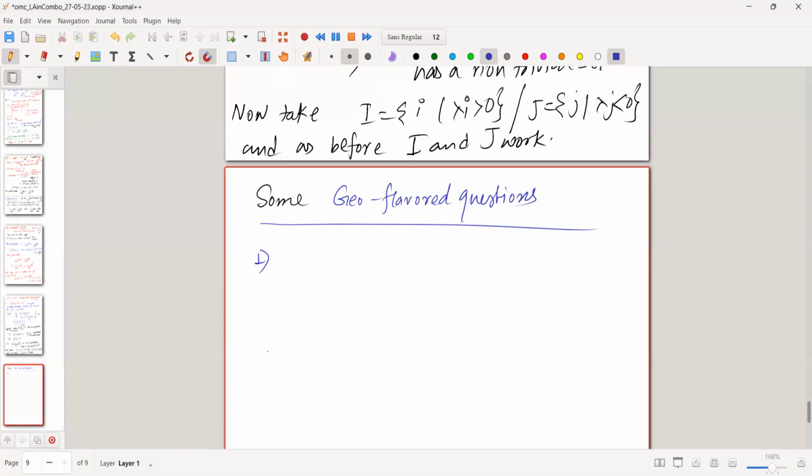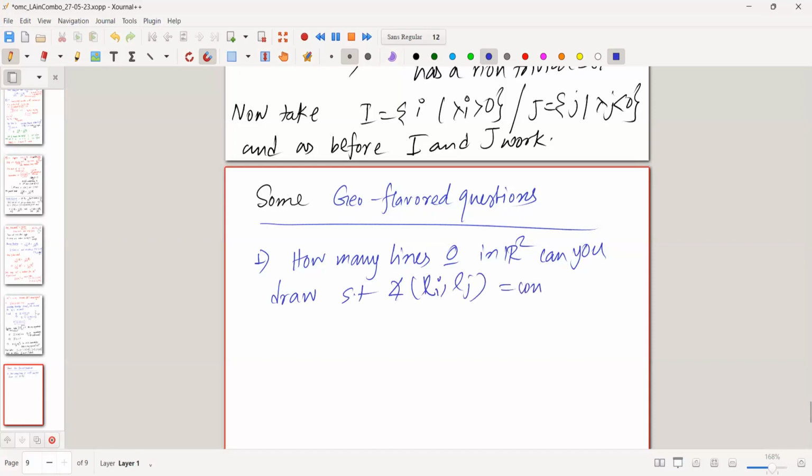So the first question is going to be about a set of lines such that every two of them have the same angle between them. How many lines through the origin in R2 can you draw such that the angle between them is always the same?